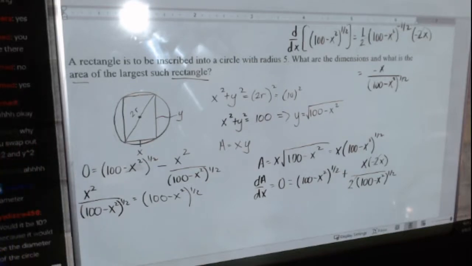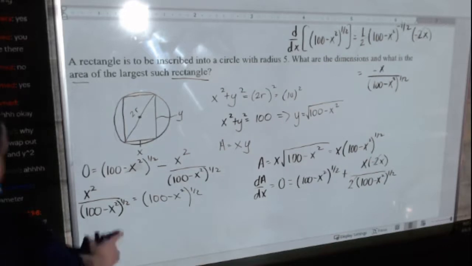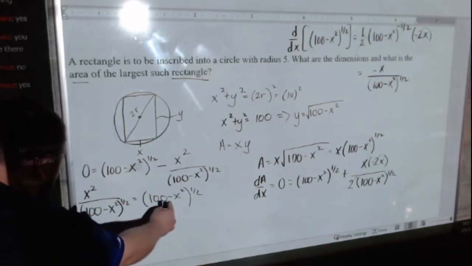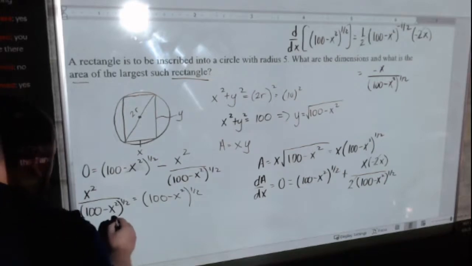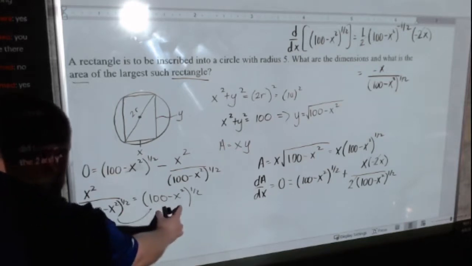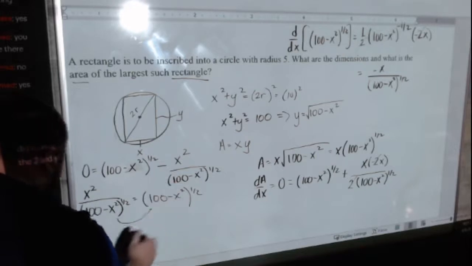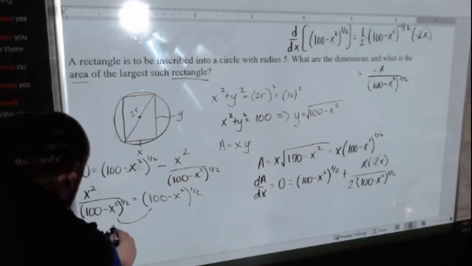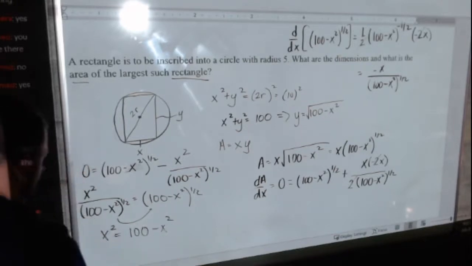Now the nice thing here is that I've got a quantity in the denominator on this side that is the same as this one, and they're both to the 1/2 power. So if I were to take this to this side by multiplying it over there, something to the 1/2 times itself to the 1/2 becomes that something. So this is x squared equals 100 minus x squared.